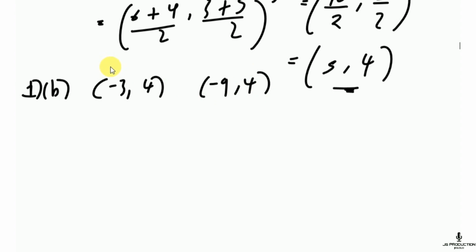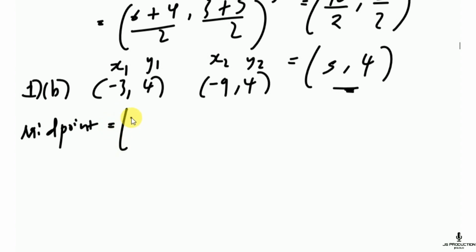You're also supposed to write your x2 and your y2. So this is my x1, this is my y1, this is my x2, this is my y2. And after that I'm going to write down the formula. Midpoint is equal to x1 plus x2 divided by 2, y1 plus y2 divided by 2.